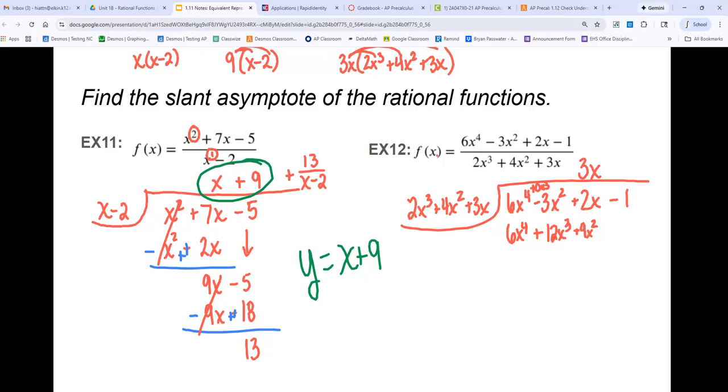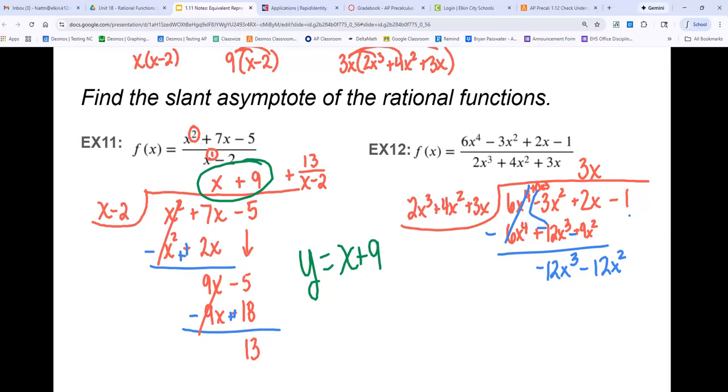So if I subtract, this cancels. Here, I'm really doing that 0x to the third minus 12x to the third. That is going to be negative 12x to the third. And then I'm doing this negative 3x squared minus 9x squared, so that gives me negative 12x squared.